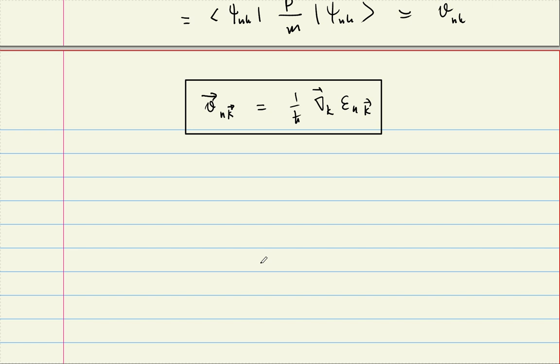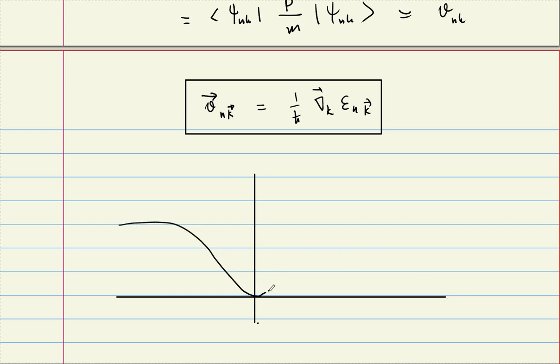And what does this tell us? Let's draw this cartoon band one last time before the break. And I have something like this. And here's pi over a, here is pi over a. So this is epsilon of k, this is k. What is the velocity based on this? V is 0, right?